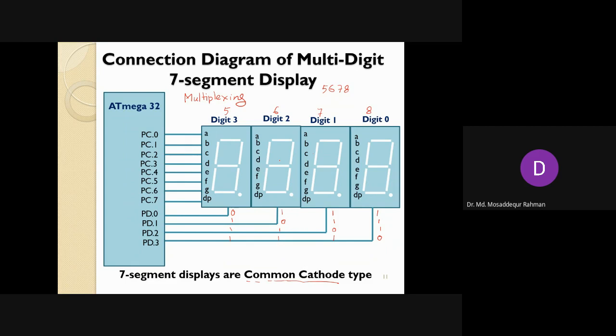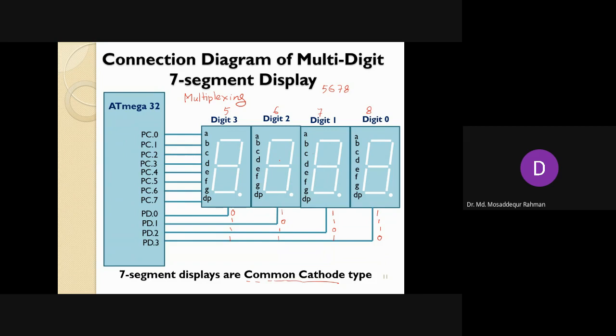So this will consume about 1/4 of the power that would have been consumed if you were using 4 different ports. Or in other words, it will consume the same amount of power as one single 7-segment display. So you save power and you also save on the number of pins you use to connect to the display board.